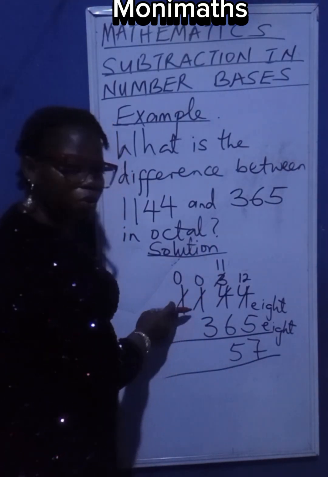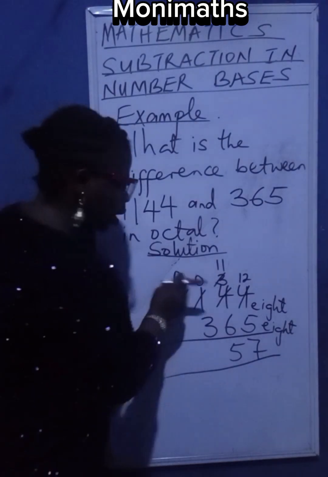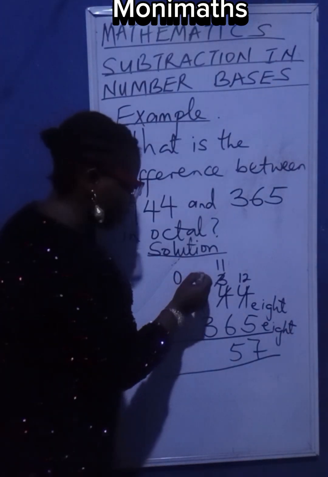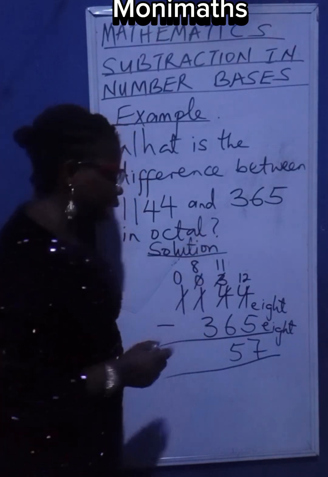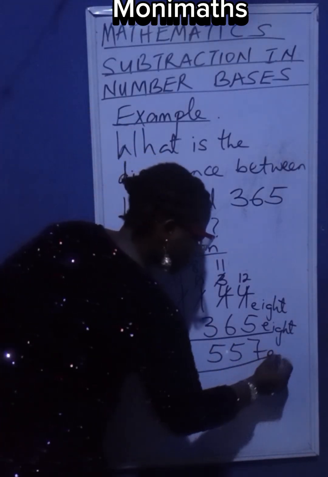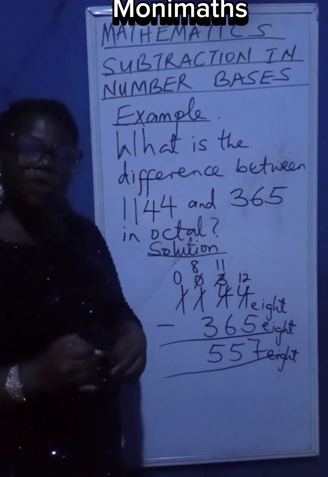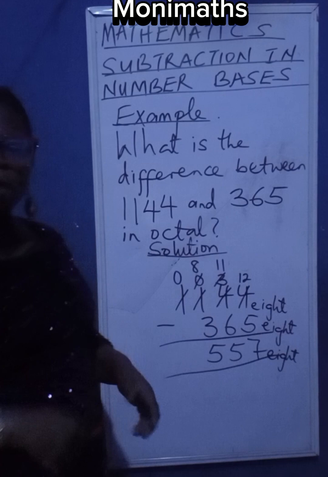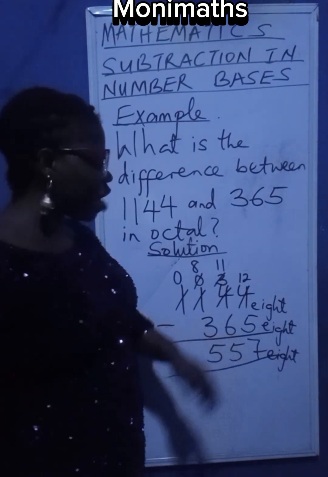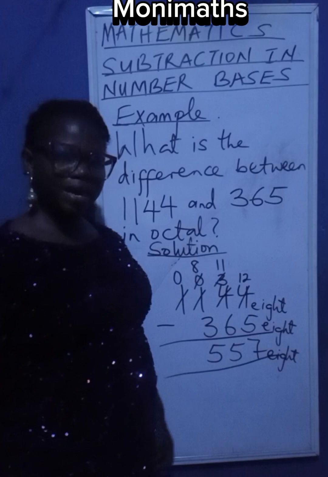That 1 we borrow from here is not 1. It is actually 8. So 8 plus 0 is 8. So I have 8 minus 3, 5, base 8. That means the difference between 1144 base 8 and 365 base 8 is 557 base 8.